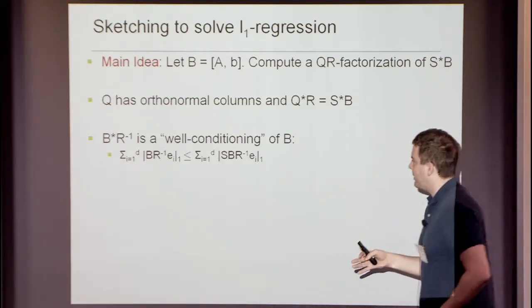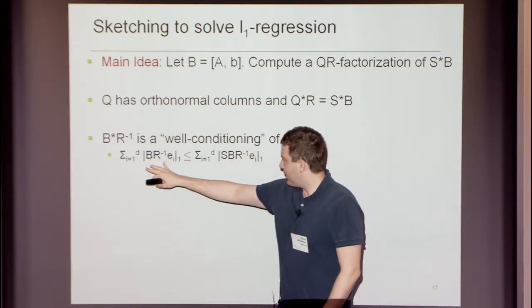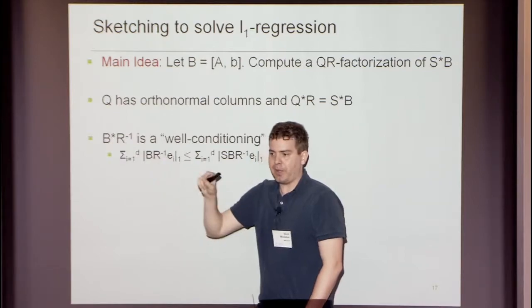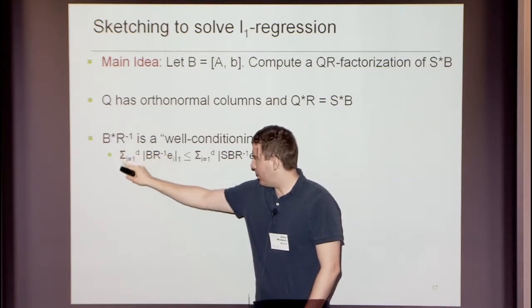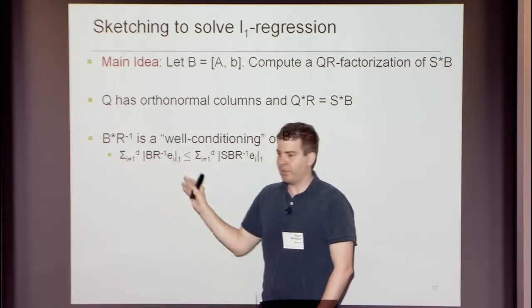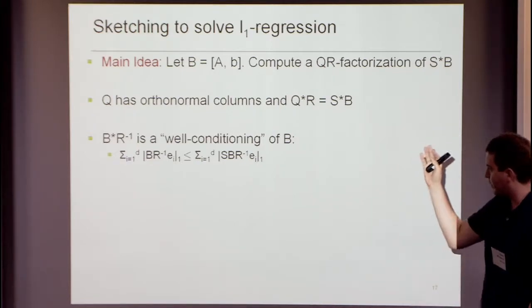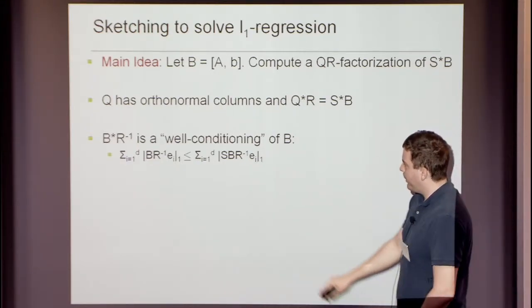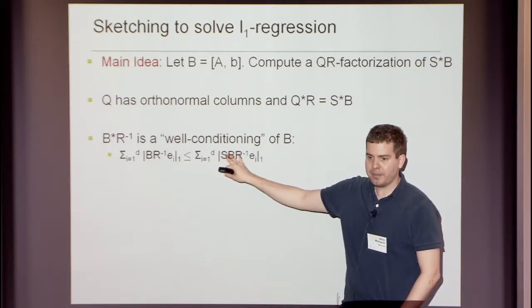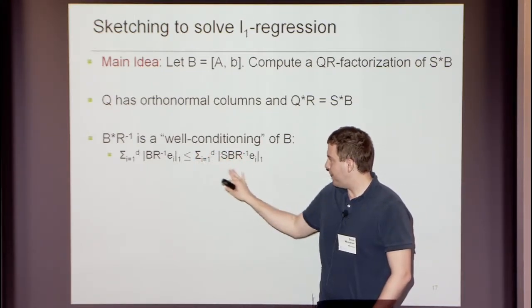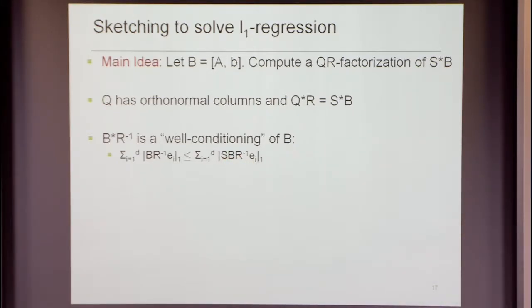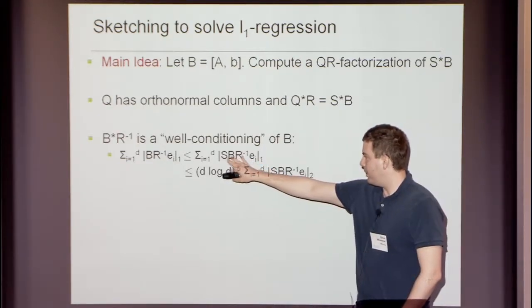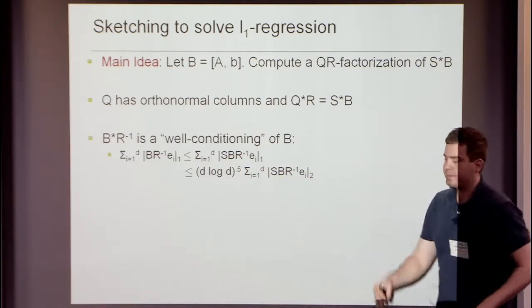Let me first say why B R inverse has small entry-wise L1 norm. One way of computing that is just to take the sum over all the columns of the one norm of B R inverse times e_i, which we know, since S is a subspace embedding, is at most the sum over all the columns of the one norm of S times B R inverse e_i. Now S is a small matrix. It only has d log d rows.